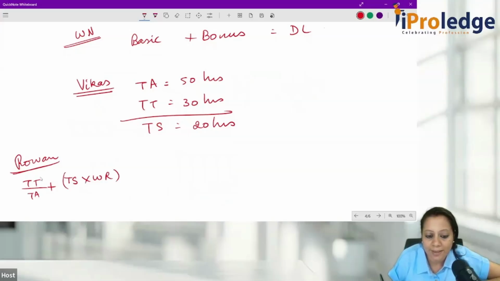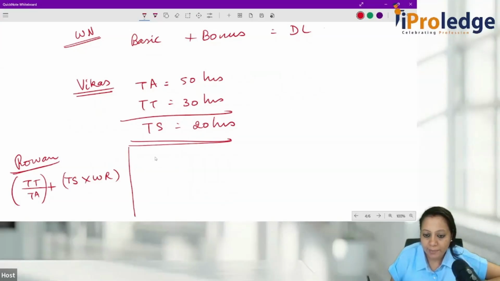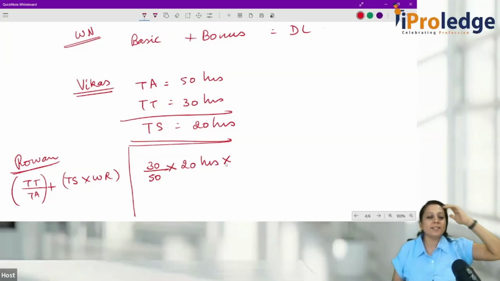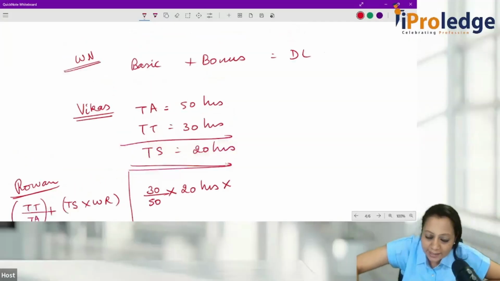Remember or not, everyone? Yes. So now, can I say it is 30 divided by 50 into 20 hours, into wage rate? Is the wage rate given in the question? You all see this.